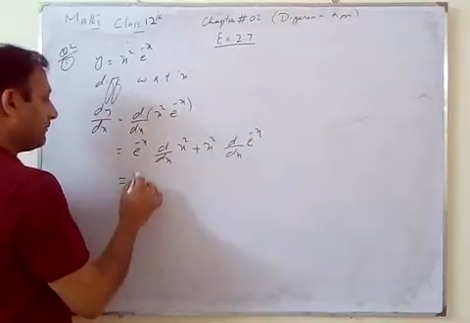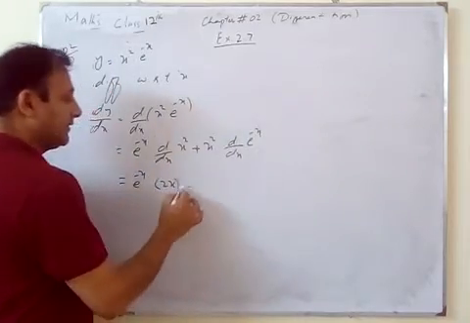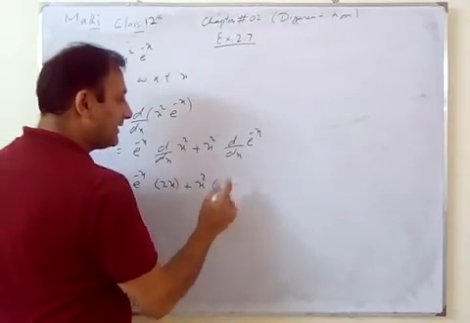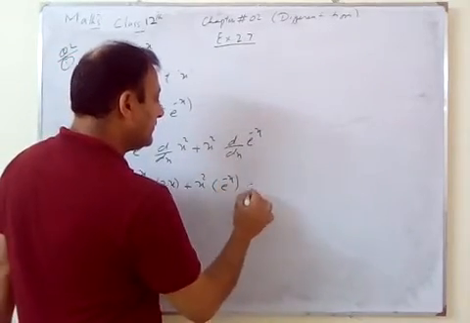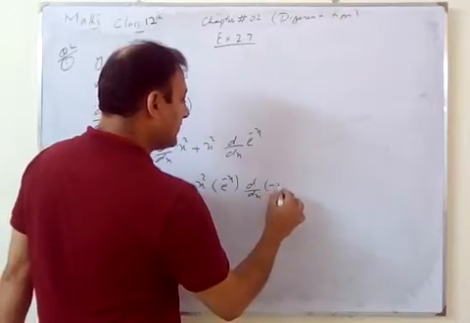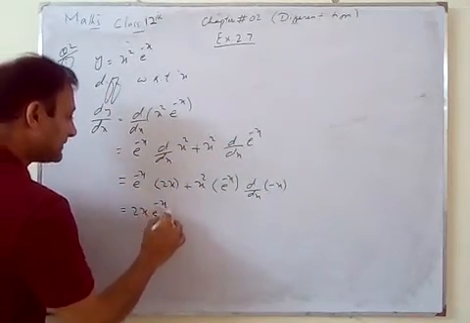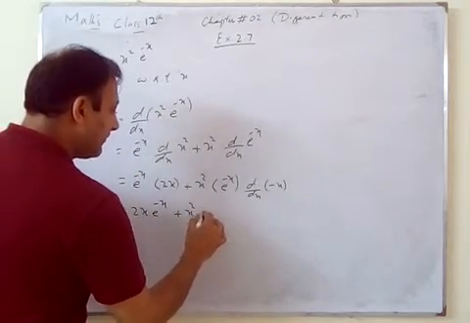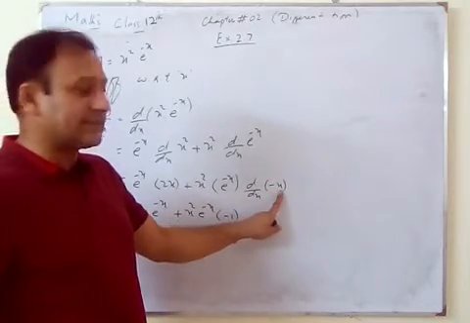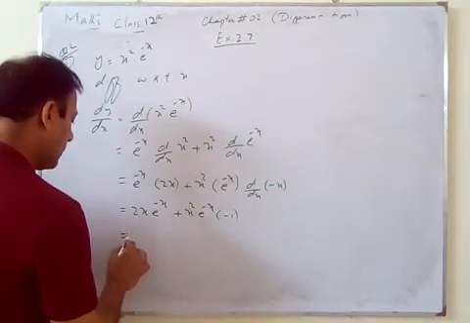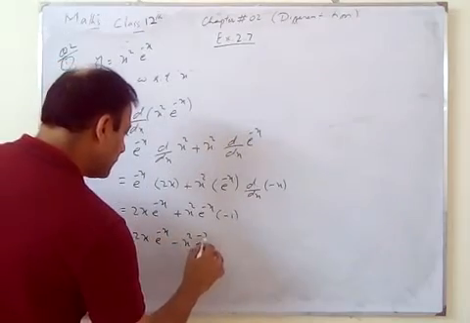So e power minus x times 2x, plus x square times e power minus x times the derivative of minus x, which is minus 1. So we get 2x e power minus x minus x square e power minus x.